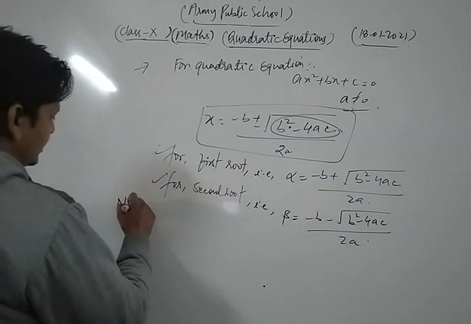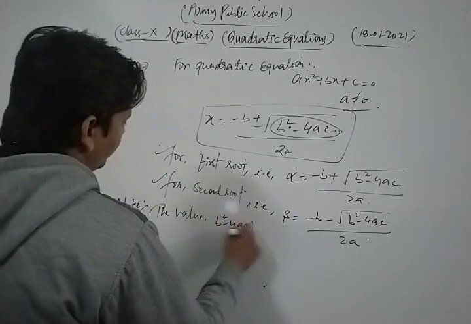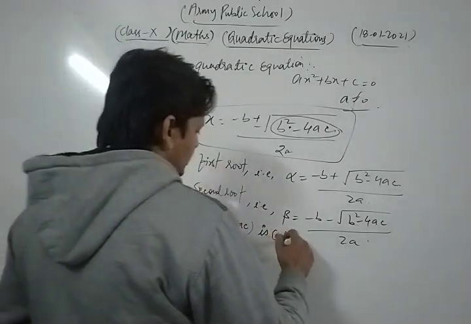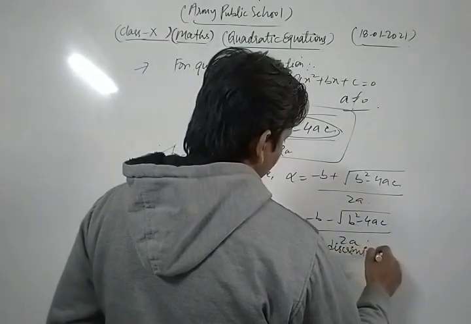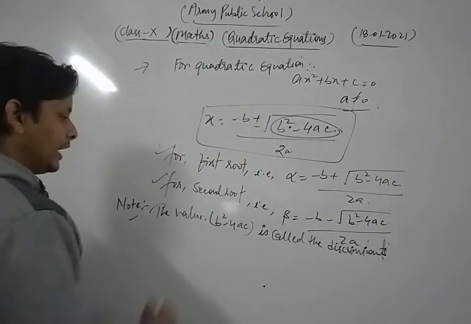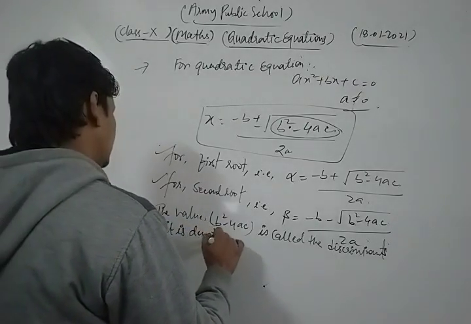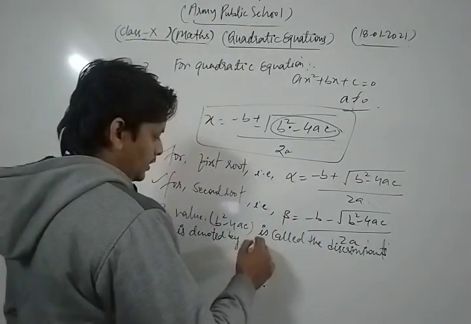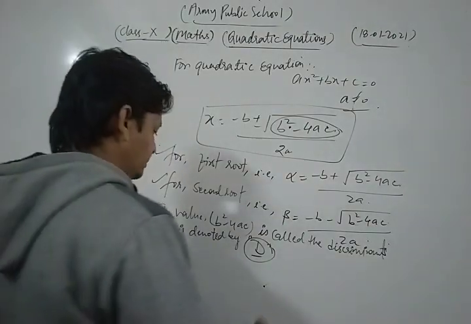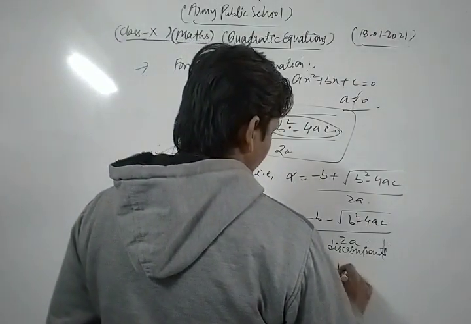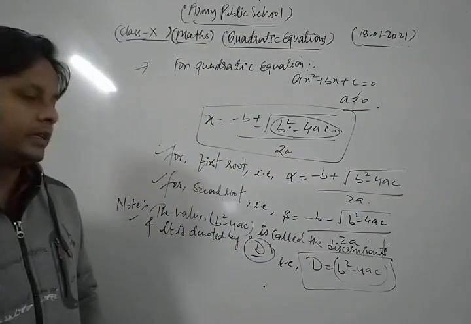Please note that the value b square minus 4ac is called the discriminant, and it is denoted by capital D, that is, D is equal to b square minus 4ac.